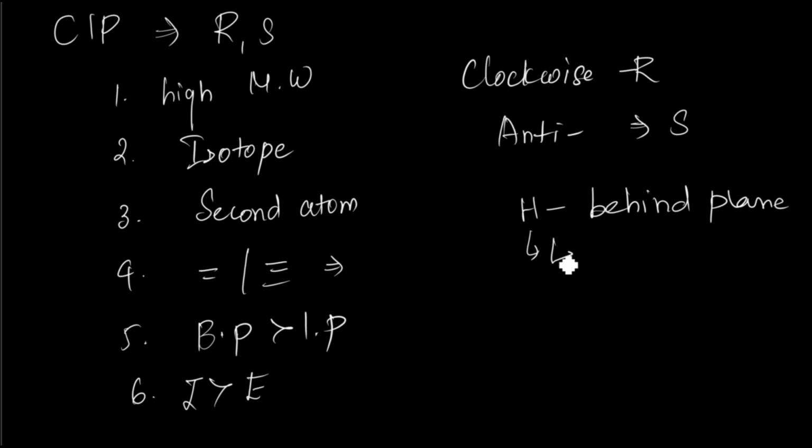Not only H, the least priority group; it can be a lone pair also. So the least priority group should be behind the plane. If that is not like that, then you can switch the R and S. Then H must be on the horizontal position if they are giving the structure like this. Okay, so that's about the CIP.